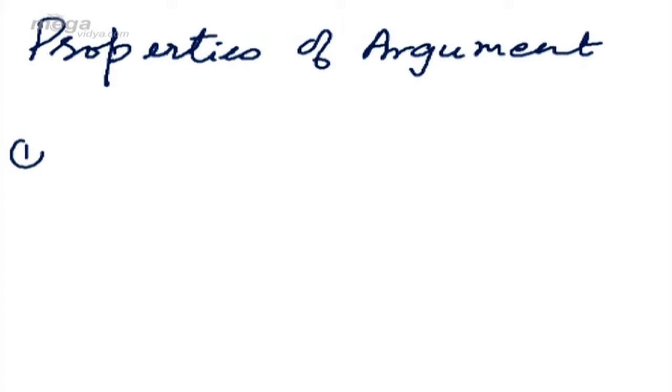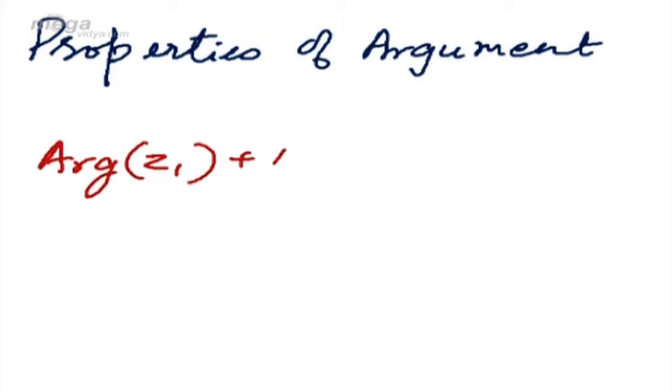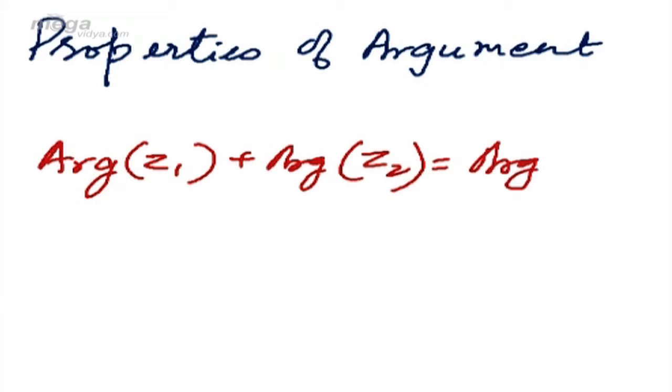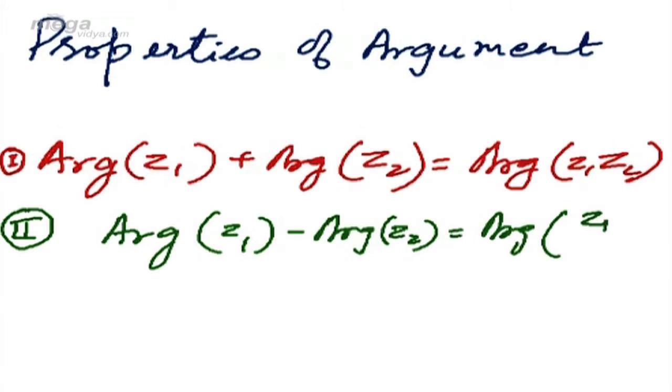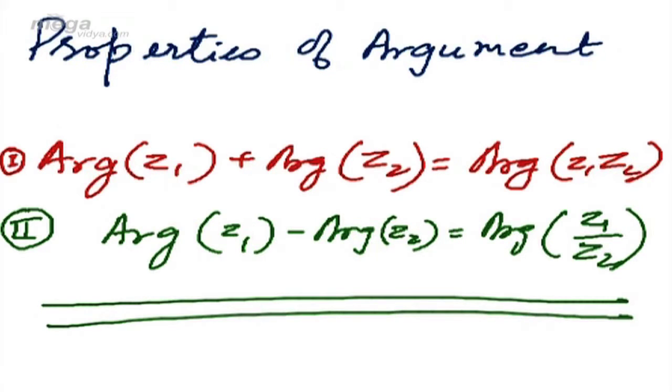Now there are a few properties of argument. The first one is: argument of Z1 plus argument of Z2 is equal to argument of Z1 into Z2. Argument of Z1 minus argument of Z2 is equal to argument of Z1 by Z2. These are the two properties of argument.